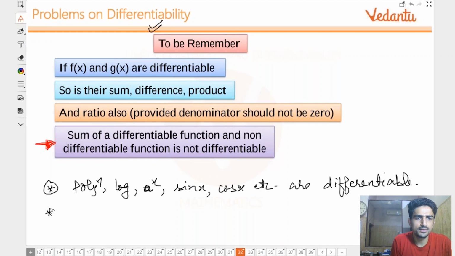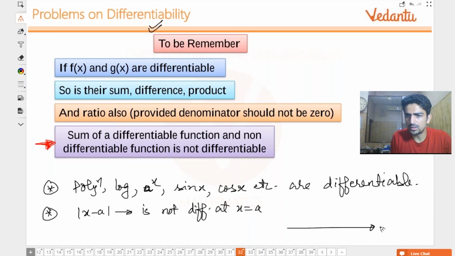Yes, mod of x minus a, it is continuous but not differentiable at x equal to a, because we know the graph of mod of x minus a looks like this.